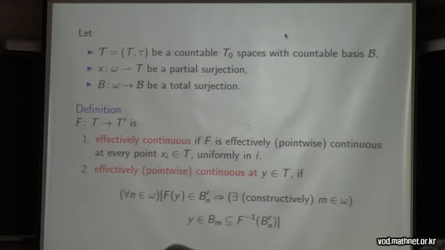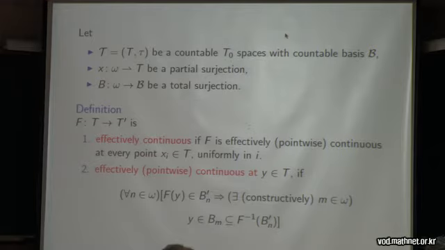Now I will define effectively continuous in a slightly different way. Classically it's equivalent anyway. So we say a map is effectively continuous if it is effectively pointwise continuous at every point x_i uniformly in i. To understand what uniformly means, let me first say what it means to be effectively pointwise continuous. So we have a point y, and we want to define when f is effectively pointwise continuous at y.